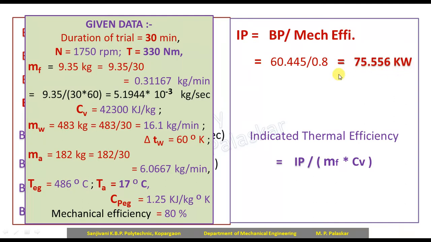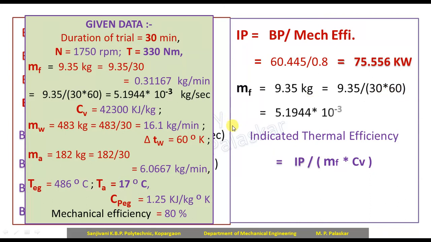So the indicated power is obtained as 75.556 kilowatt. Similarly, the mass of fuel can also be found out, 9.35 divided by 30 divided by 60. So that is nothing but 5.1944 into 10 raised to power minus 3 kg per second. That is nothing but the mass of fuel, right? So let us substitute these values, indicated power and mass of fuel here. So here indicated thermal efficiency is indicated power upon mass of fuel into calorific value.